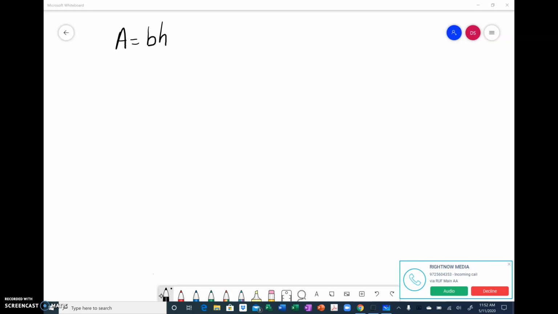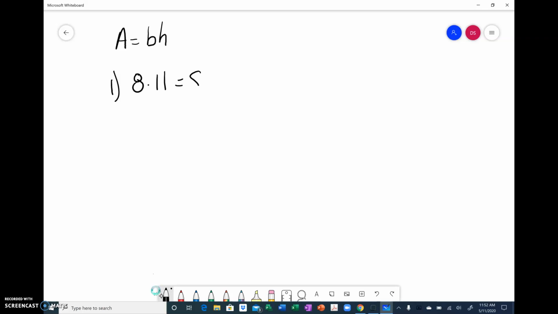All right, for number 1, you should multiply base times height, 8 times 11, and you would know that the area of that parallelogram is 88 inches squared. For number 2, you just multiply 9.3 times 7.